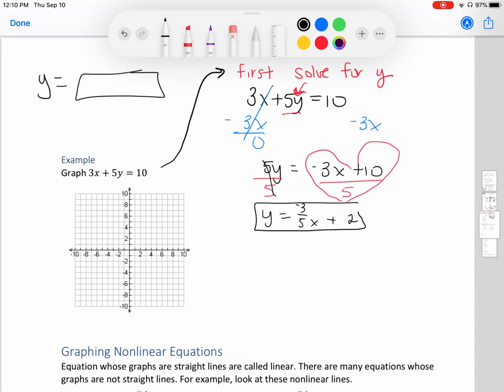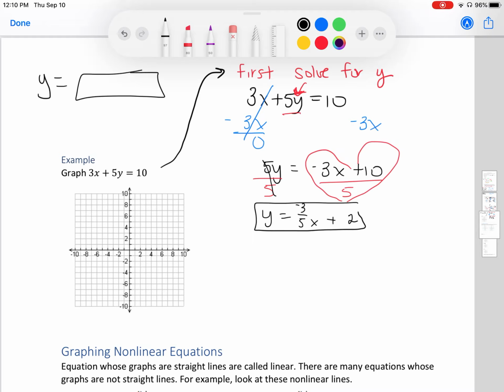Okay, let's go ahead and create our chart. Now, when you're graphing a line, you really need 2 points. You might come across an instructor who wants more points, like a very strict high school or middle school teacher, but 2 will get the job done.